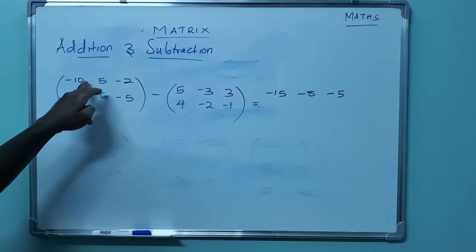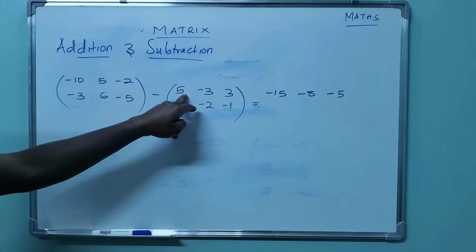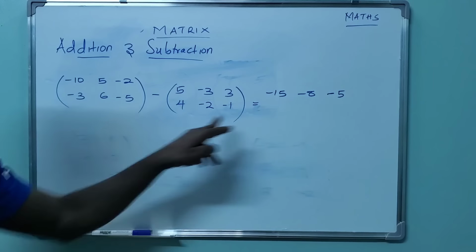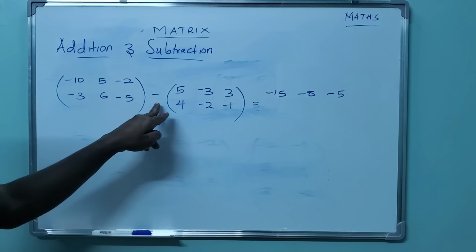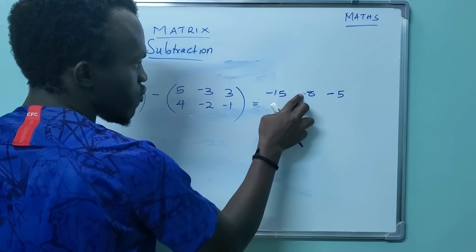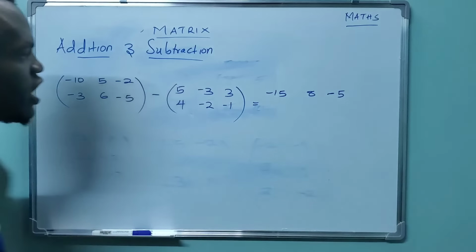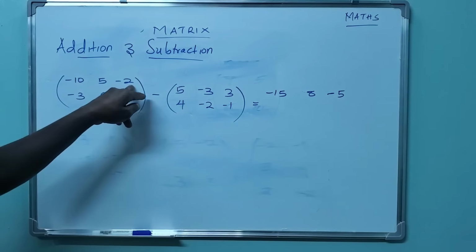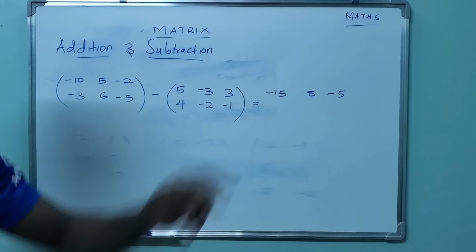Here was negative 10 minus 5, that is negative 15, good. That is 5 minus negative 3, that is supposed to be positive 8, sorry for that. Then negative 2 minus 3, that is supposed to be negative 5.